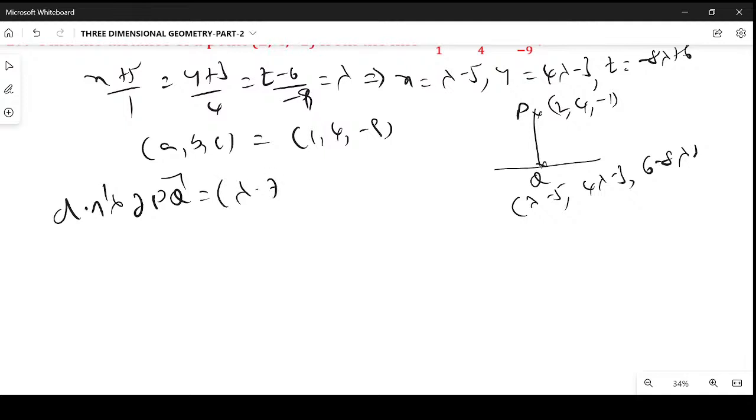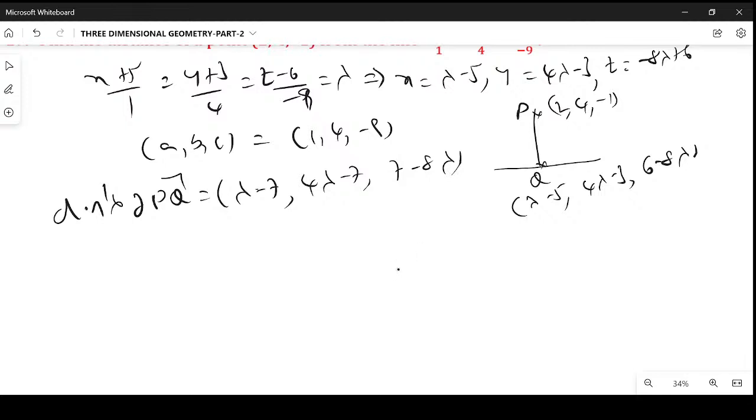Lambda minus 7 and 4 lambda minus 3, 4 lambda minus 7 it comes. 7 minus 8 lambda, right?